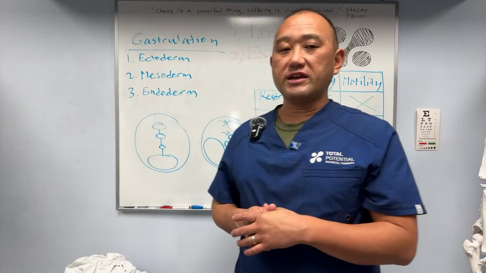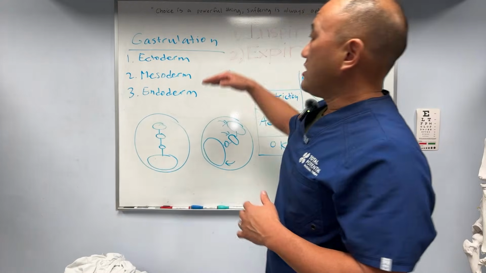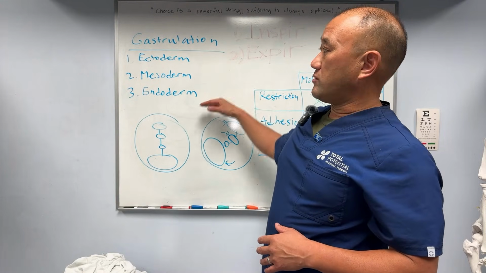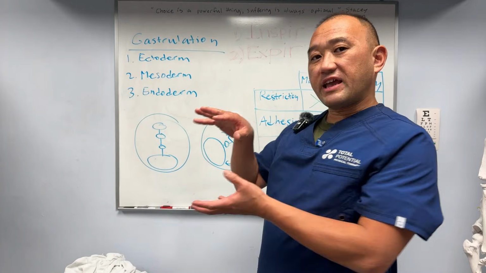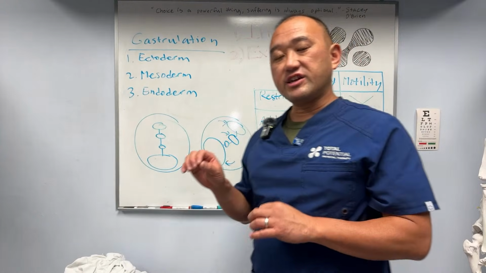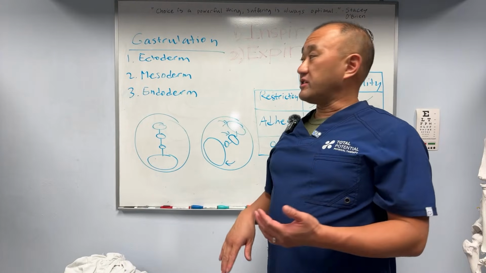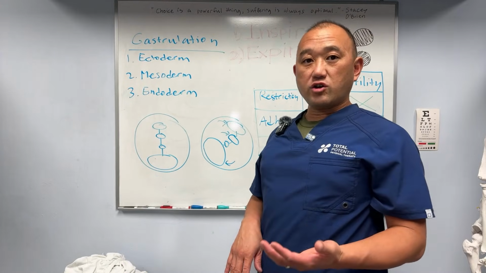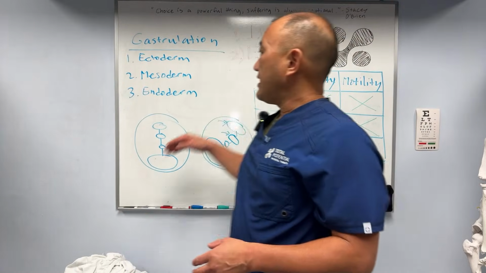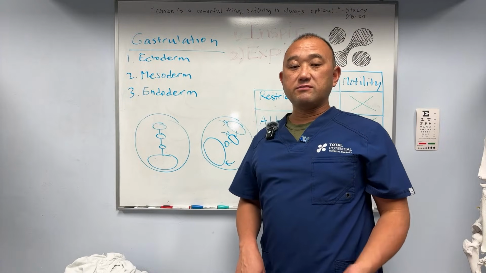At the time of gastrulation, the cells in your body separate into ectoderm, mesoderm, and endoderm. These are the three layers of the embryonic human system. Ectoderm will eventually differentiate into skin and nerves. Mesoderm will differentiate into everything else. And the endoderm will differentiate into your digestive system, or your GI tract.